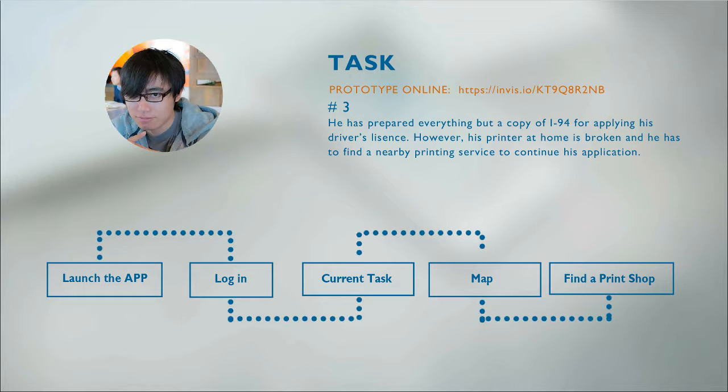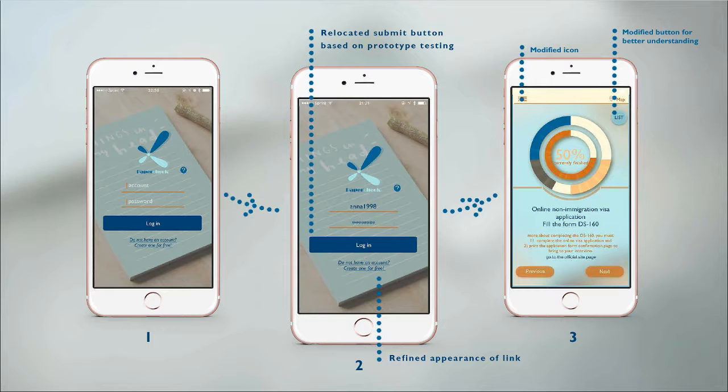The third task. My user has prepared everything but a copy of I-94 for applying for his driver's license. However, his printer at home is broken, so he has to find a nearby printing service to continue his application.